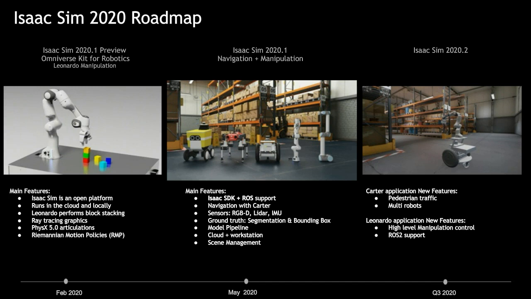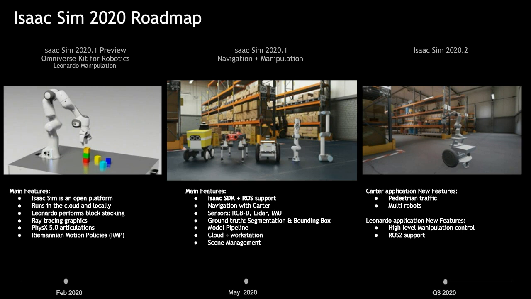We'll show this more in later slides. And of course, all the features that I talked about, running on the cloud or locally, ray tracing, and PhysX 5.0 articulations. So in May 2020, we will ship the Isaac Sim 2020.1 with both navigation and manipulation.